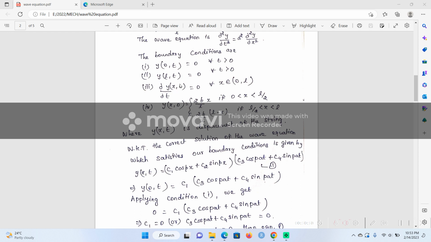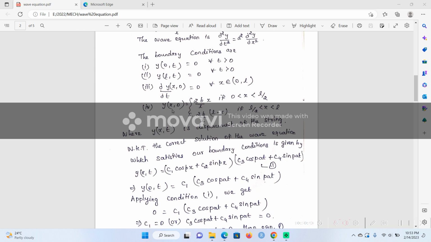That is, at time t equal to 0 we are considering this one. That is our initial velocity. So we are assuming initial velocity is also 0, and this result is true for all x in 0 to L. So this is our third boundary condition.